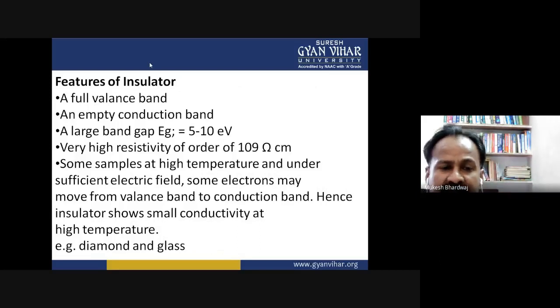Whenever energy above room temperature is provided, the characteristic properties of the electrons or atoms change, and due to these changes there is some energy gained by the electrons, and they start moving from the valence band to the conduction band.